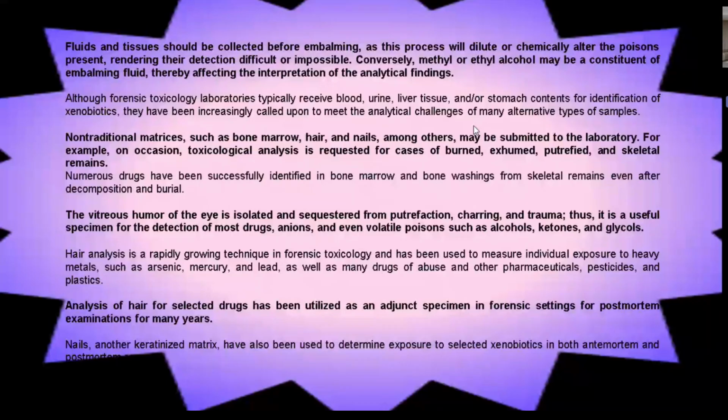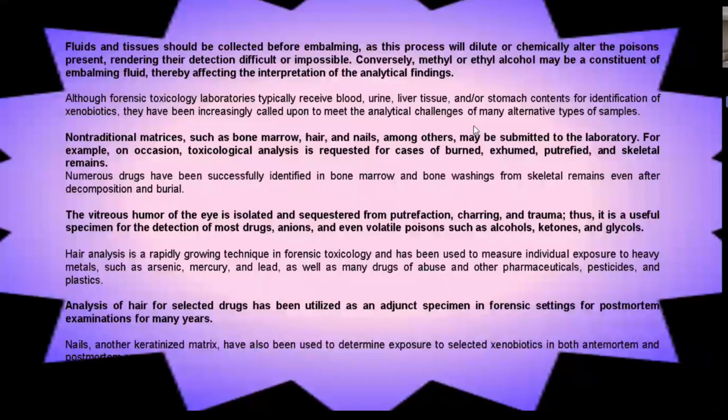Many times there are two types of tissues we are having. We are having the vascular tissues. As I have talked, liver, blood, or urine, all these are vascular tissues. But many times we also go for non-traditional or different types of things like bone marrow, hair, and nails. Many times we see that in case of some toxins, more of the amount is being deposited in your hair.